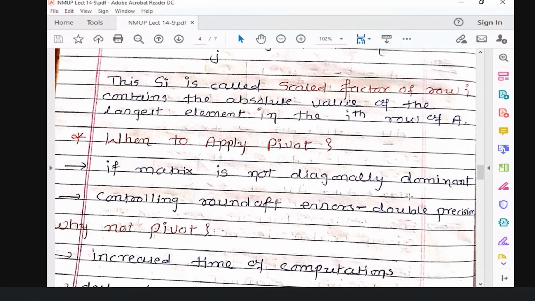If it is not, then make it diagonally dominant, and after that apply this pivot. Then, after that, we control the round-off errors in terms of double precision. So for these two things, we are using this pivot.